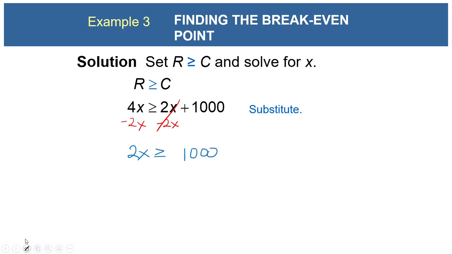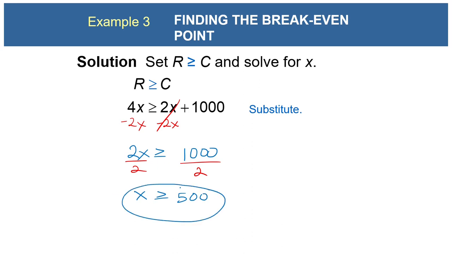Let's divide both sides by 2. x is greater than or equal to 500. What does this mean? Well, it means I have to sell at least 500 products to break even, where the revenue is greater than or equal to the cost.